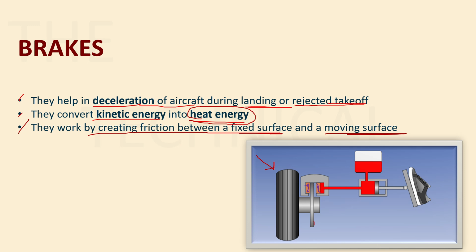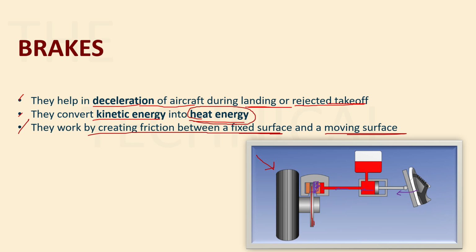So what will happen when you apply the brakes, when you push it with your feet, the hydraulic fluid will move and it will push this friction plate against this wheel. So the friction plate will come in contact with your rotating metal disc like this. Now there is friction being created between this moving plate and your friction pads, right?